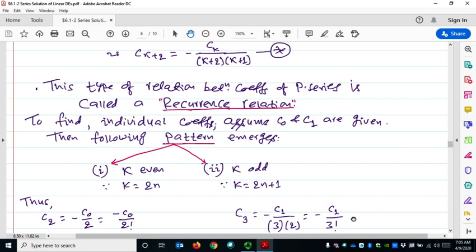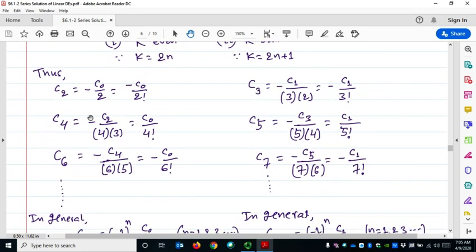Then C4 gives us C0 over 4 factorial, and C5 equals C1 over 5 factorial. One more time, let me remind you: on the left side all the coefficients are in terms of C0, and on the right side all the coefficients are in terms of C1. We got these coefficients from that equation star.